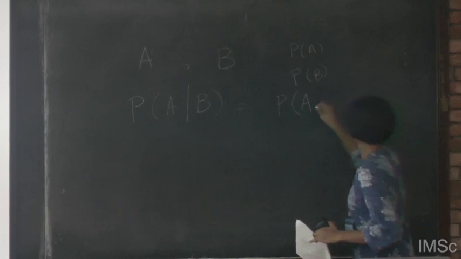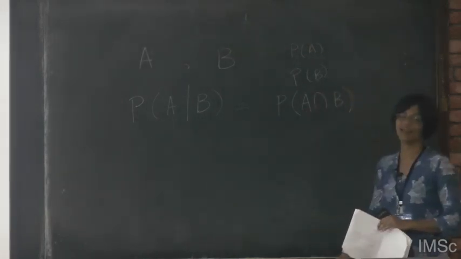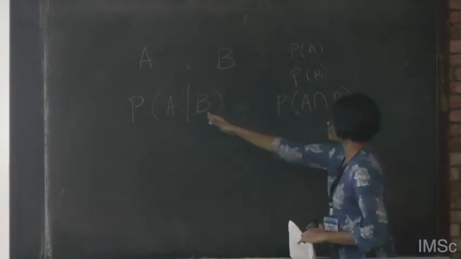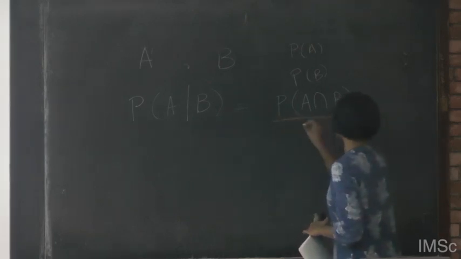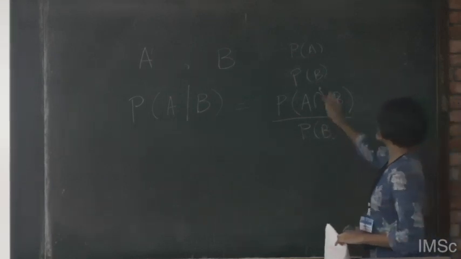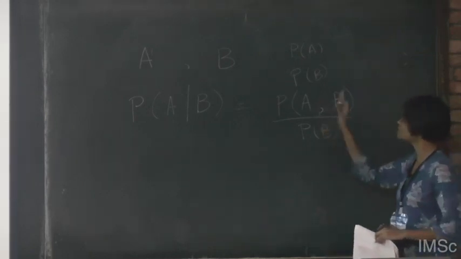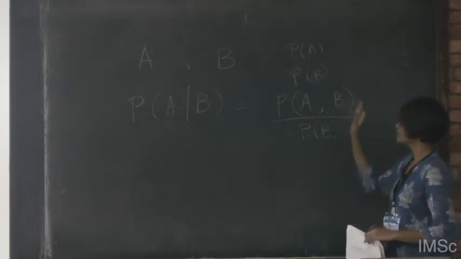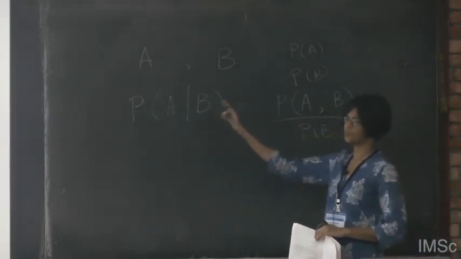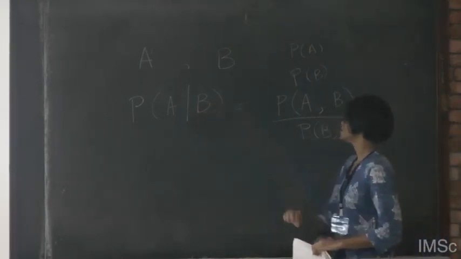So A happens and B happens. And you need to normalize by all the times when B happens, because this is conditional on B. So many times instead of intersection we write comma, which just means A happens and B happens, divided by the probability of B. That gives you the probability of whether when you're carrying your umbrella it rains or not.